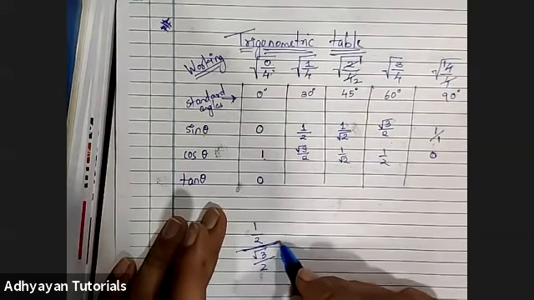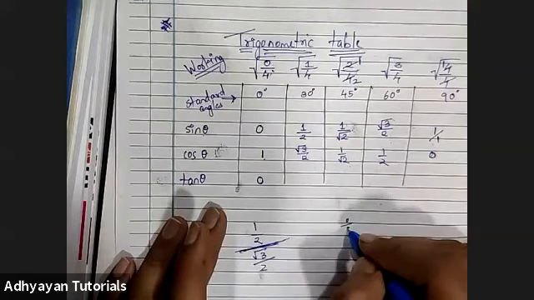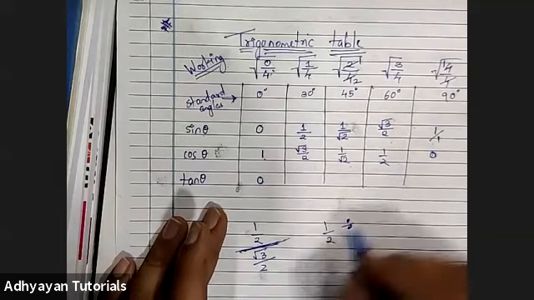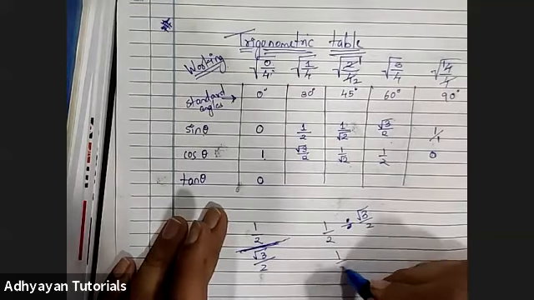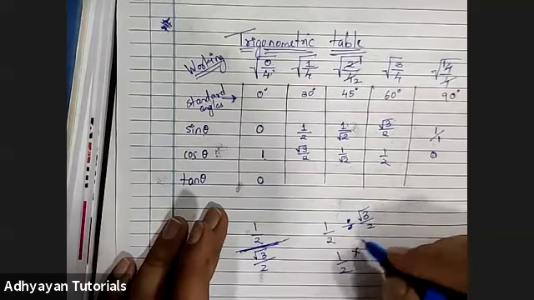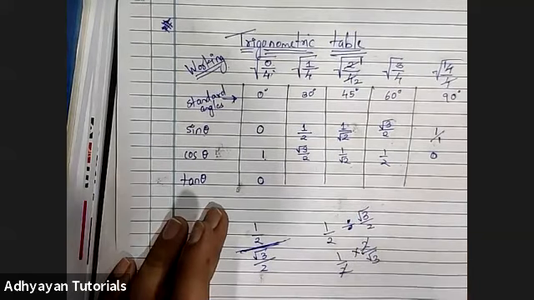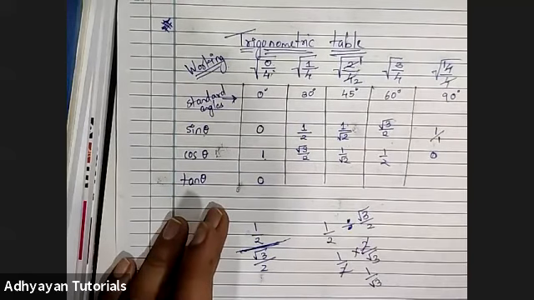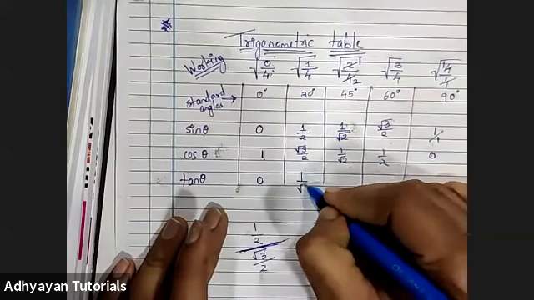Now this division sign, can I write it as the horizontal division sign, like half divided by root 3 upon 2? Now this division sign changes to multiplication, children, and the second ratio becomes its reciprocal. The 2s get cancelled, so the answer is 1 upon root 3. Correct?